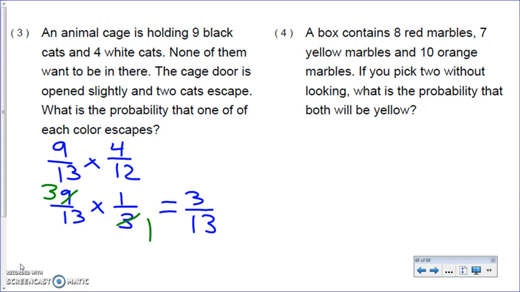For 4, a box contains 8 red marbles, 7 yellow marbles, and 10 orange marbles. If you pick 2 without looking, what is the probability that both will be yellow? Well, our first pick, we have 7 yellow marbles out of 25 total marbles. Our second pick, we still want a yellow marble, so now we have 6 yellow marbles to pick from out of 24 marbles.